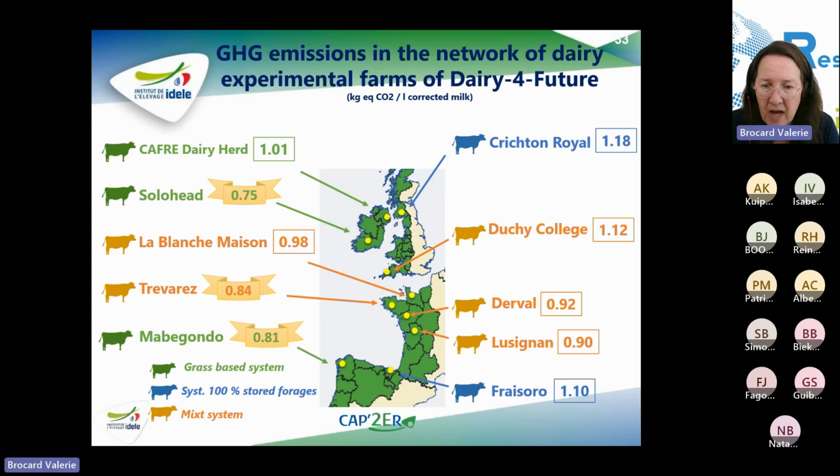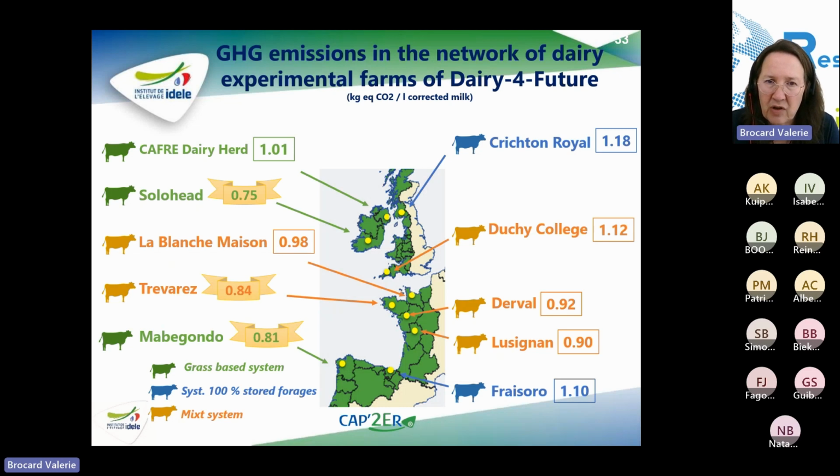I show you here the map of Dairy for Future projects, where many experimental farms of Western Europe have assessed their carbon footprint and have worked on specific levers to decrease this carbon footprint.